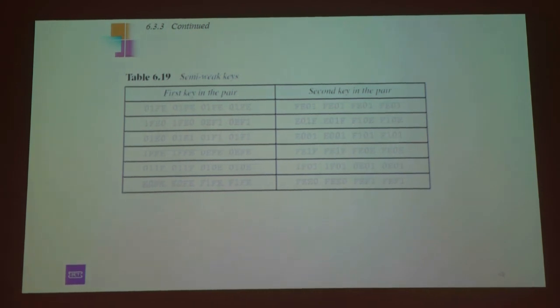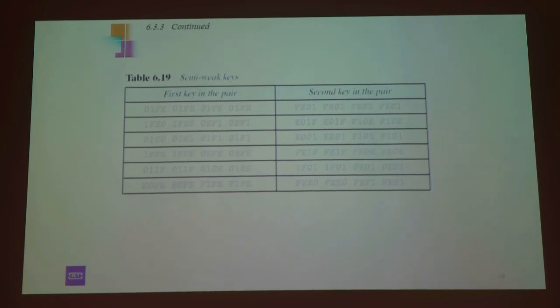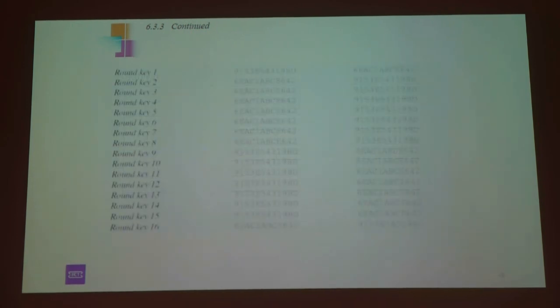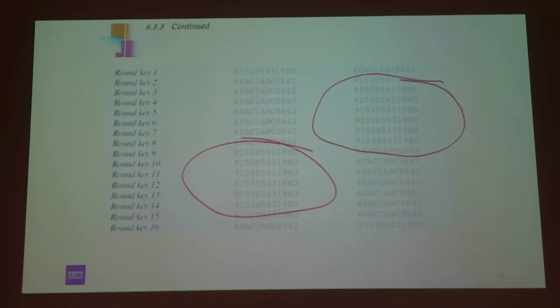With that, there are also semi-weak keys. They are in here. If you encrypt with them, look at round 1, round 2, whatever, round 16. You'll see, for example in the middle, not a lot of changes happen to the data, and that's not good.